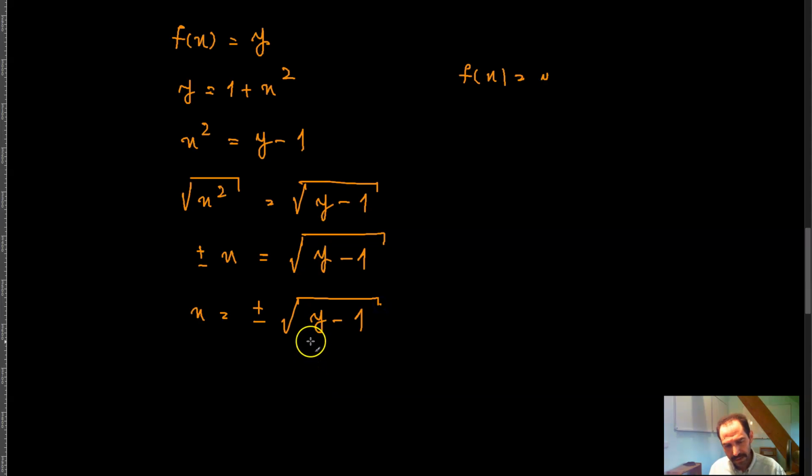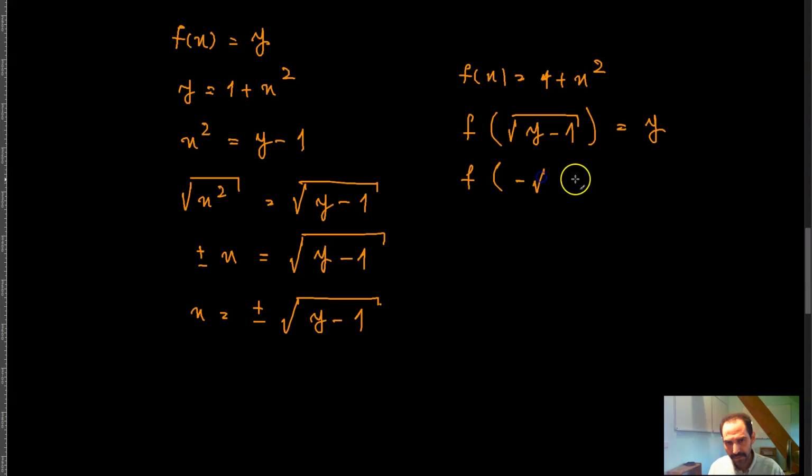Now what that means is that since your f of x was 1 plus x squared, f of the square root of y minus 1 is going to give you y, and also f of negative the square root of y minus 1 is again going to give you y.